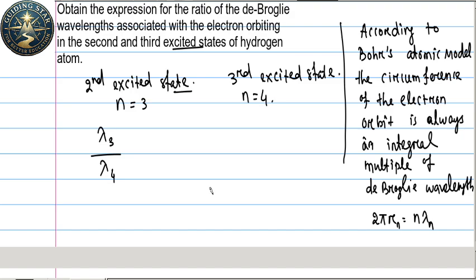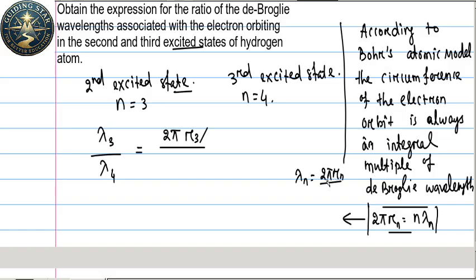So now what we'll be doing, for lambda 3, the value of lambda 3 from this formula, so lambda n, what will be the value of lambda n? 2 pi rn upon n.